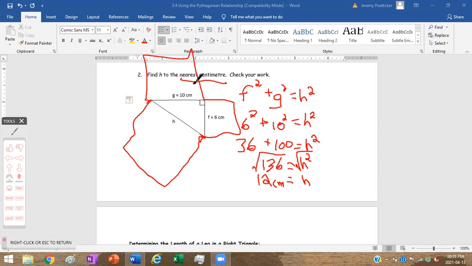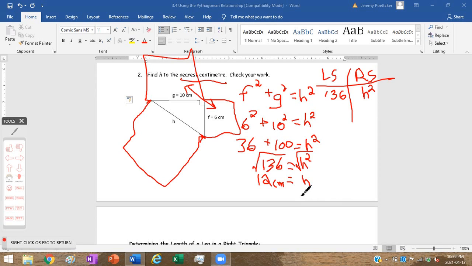So I've already figured out that those two together are equal to 136. So if I do my little check, left side, right side: the left side is going to be 36 plus 100, which is 136. My right side is going to be h squared.